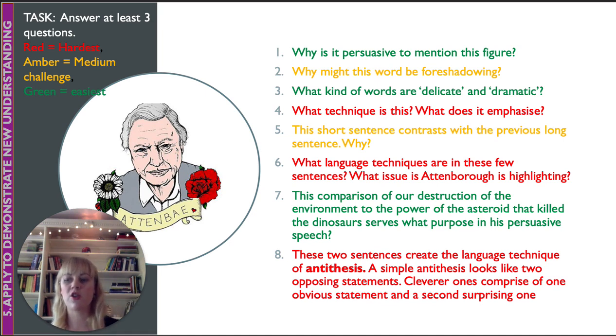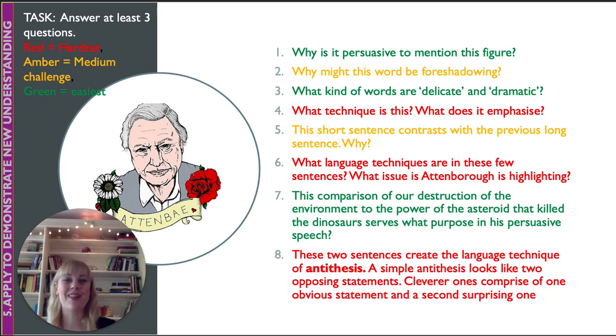I don't mind which you try, but it's up to you to think for yourself about the level of difficulty you think is actually appropriate to you. I would always recommend aiming slightly higher than you feel naturally comfortable with. It's when we take ourselves out of our comfort zone with our learning that we're most likely to make progress and develop. It doesn't matter if you get these wrong. It's about giving it a go. Aim hard. If you can't do it, move down a level.